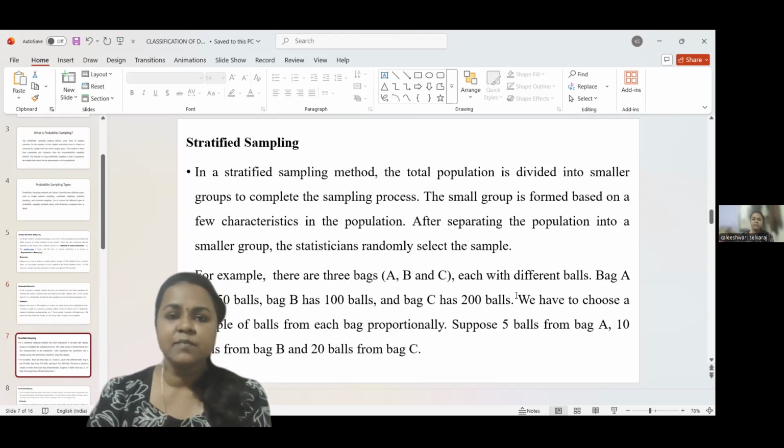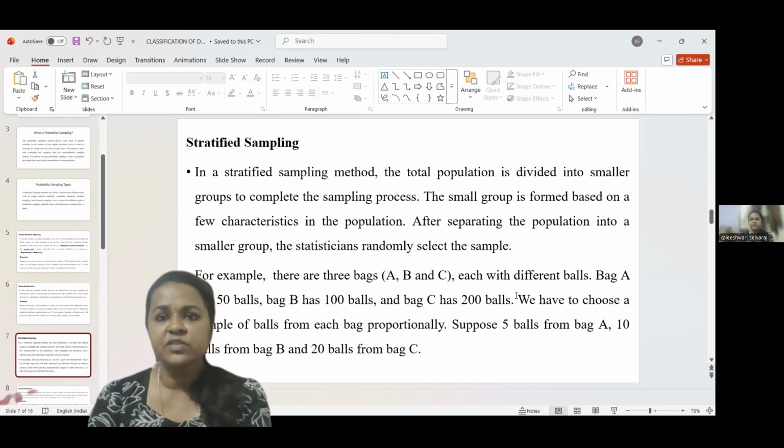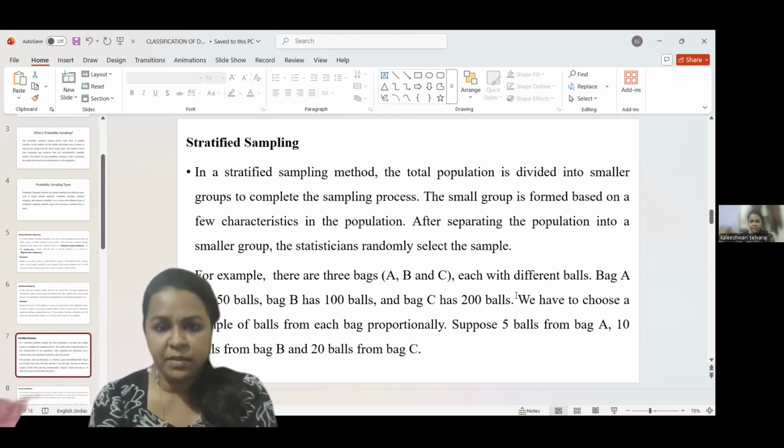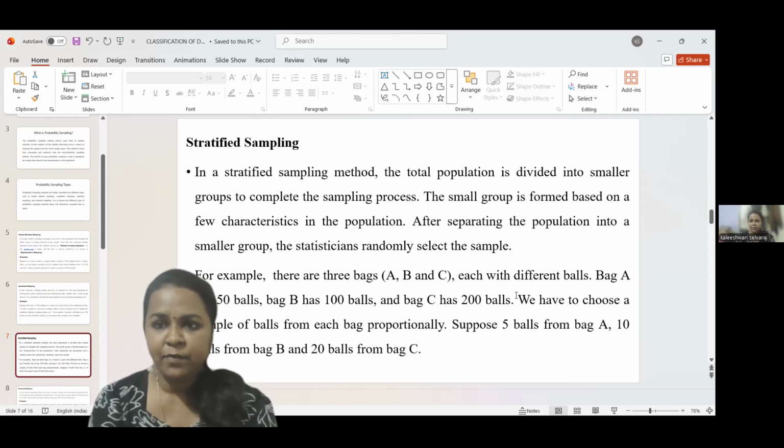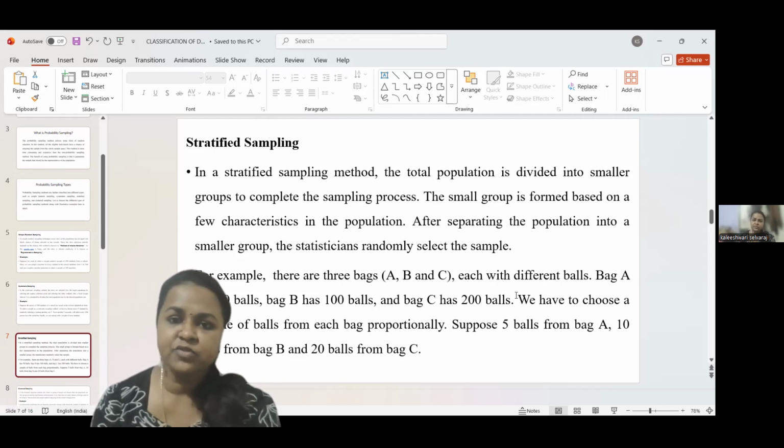Then comes the concept of stratified sampling. This is another sampling method that falls under probability sampling, in which the entire population is divided into smaller groups to complete the sampling process. It is based on a few characteristics in the population, maybe height, weight, literacy level, or employment level. All those things can be a part of stratifying an entire population into different groups. For example, there are three bags, A, B, and C, each with different balls. Bag A contains 50 balls, bag B contains 100 balls, and bag C contains 200 balls.